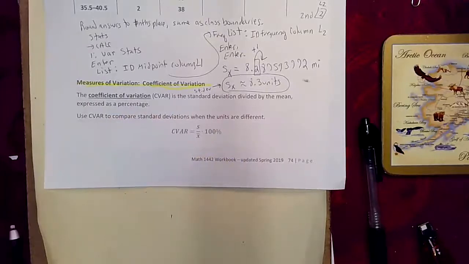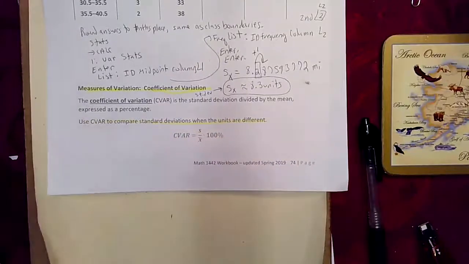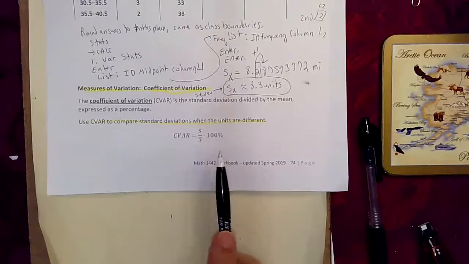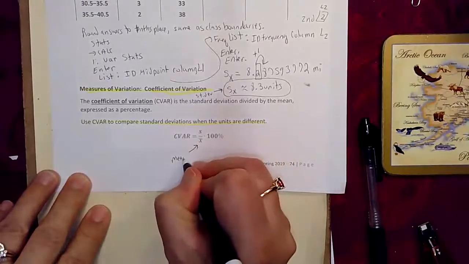So this is important. When is CVAR utilized? It's when you have units that are different. Okay, so keep that in mind. Okay, and as far as the formula goes here, this is the S from your textbook, right? So that's your standard deviation. Remember, this is your mean, X bar.